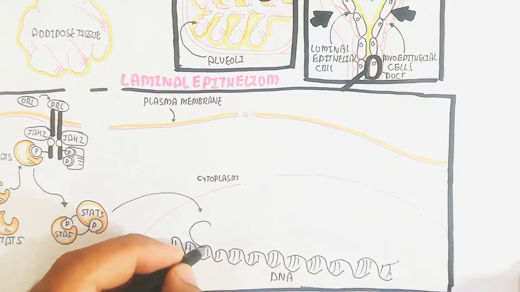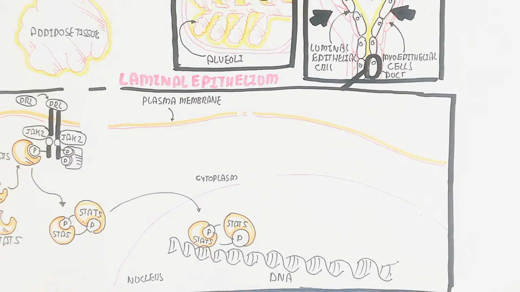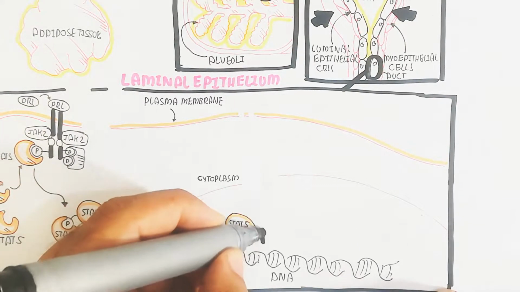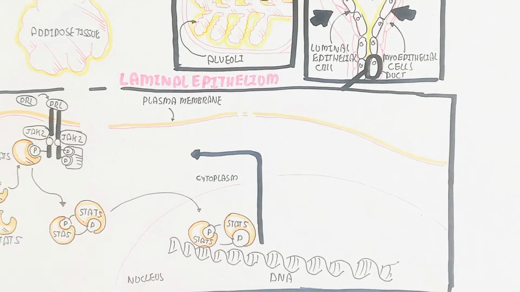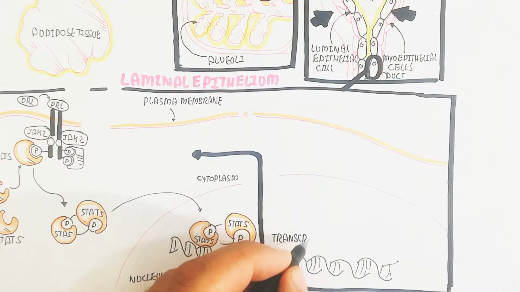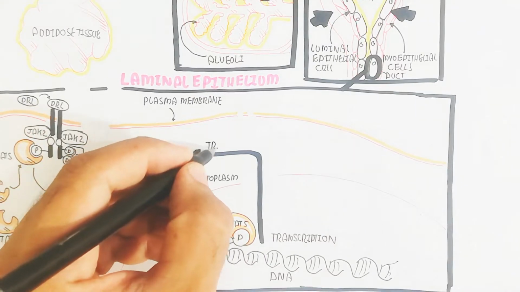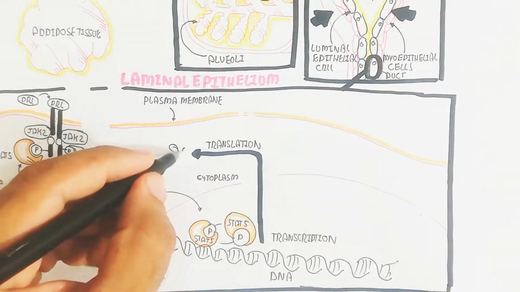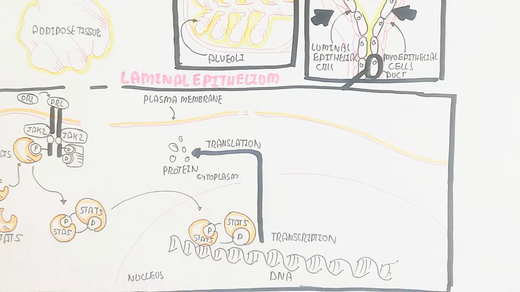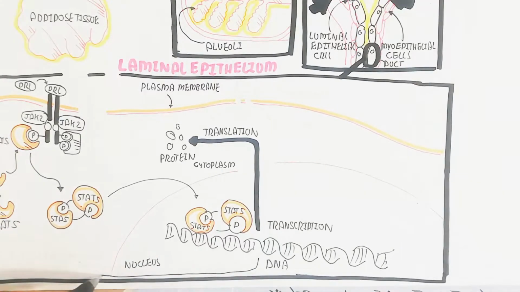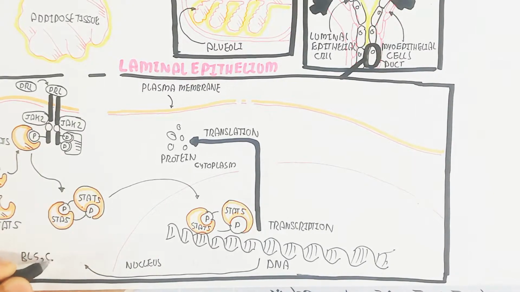The milk proteins are BLG, casein, WAP, and it also produces STAT5 again for increasing the positive feedback. So this is the DNA, and this transcription leads to translation in the cytoplasm and produces protein. That protein can be casein protein and whey protein.